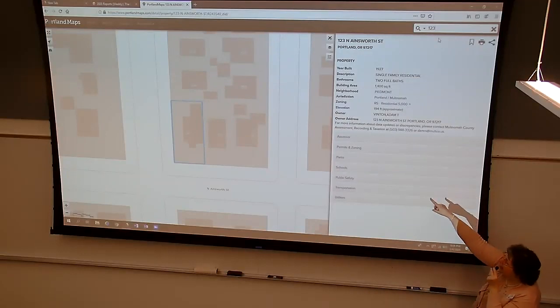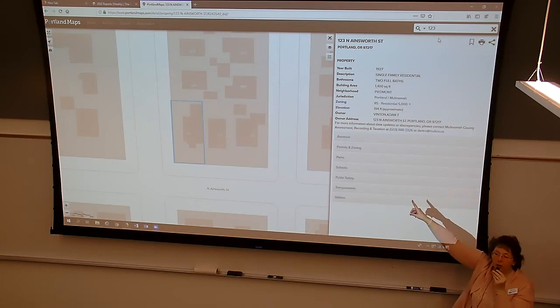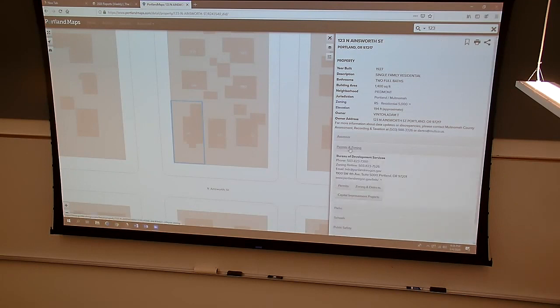And now look at the next sets of information. Permits and zoning. You find out what permits are on this property. You click on that. It tells you anything you want to know. In zoning districts, any capital improvement projects, which there are none on this one.